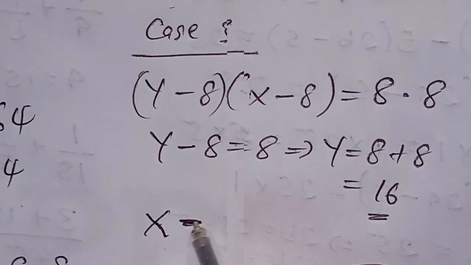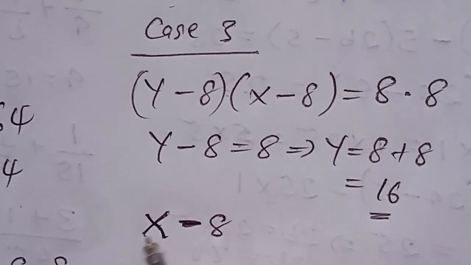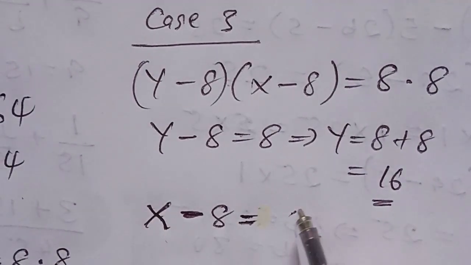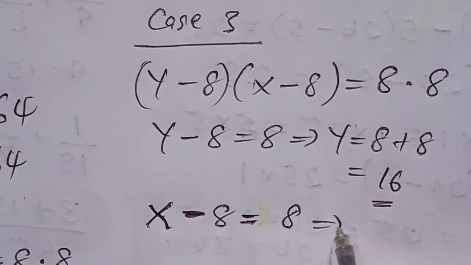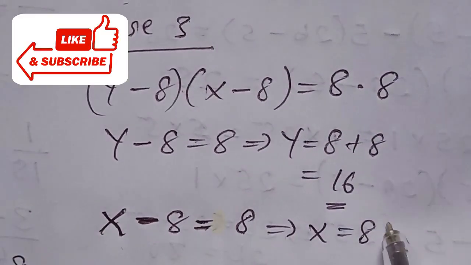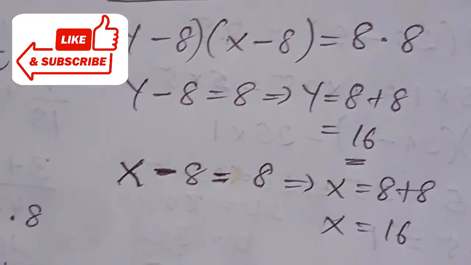Then x minus 8 is also equal to 8, implies that x will be equal to 8 plus 8, and that will give us 16 as x.